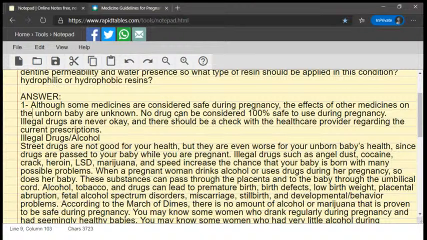No drug can be considered as safe to use during pregnancy.